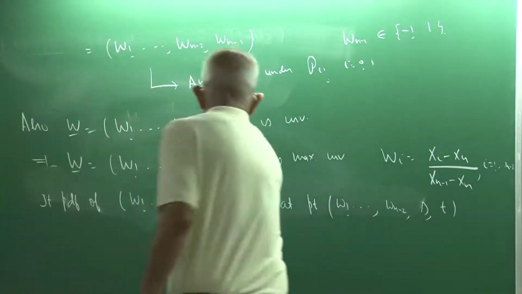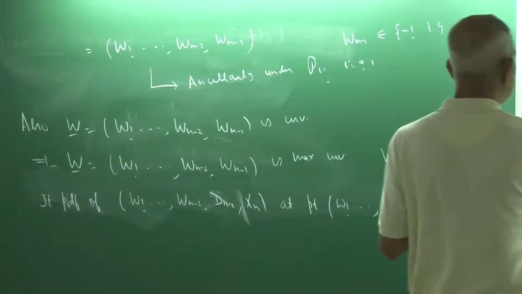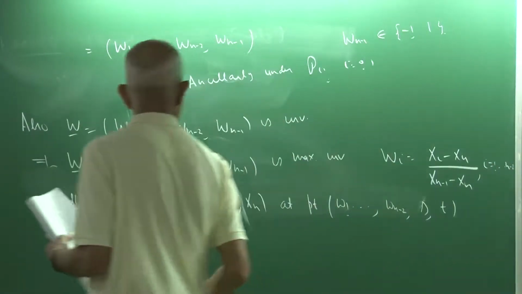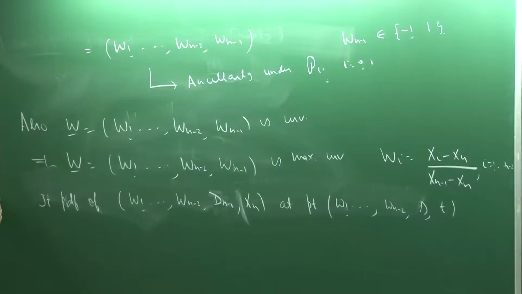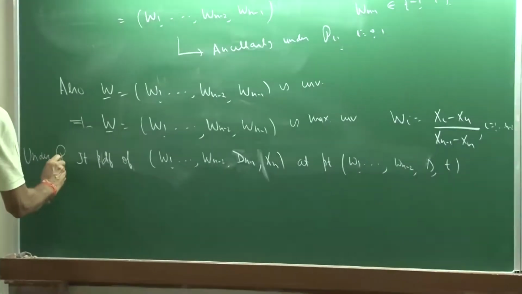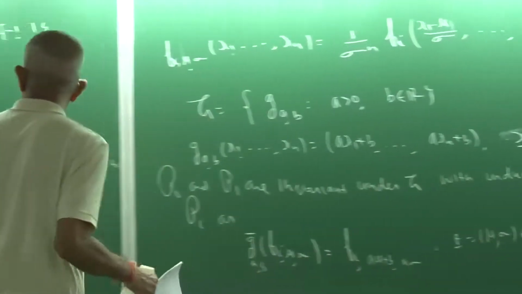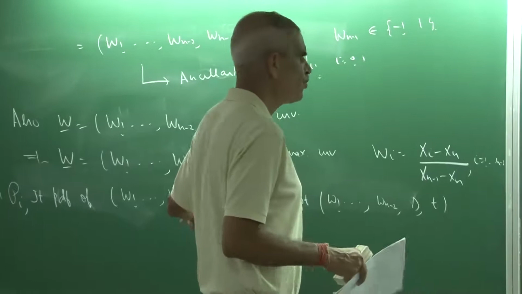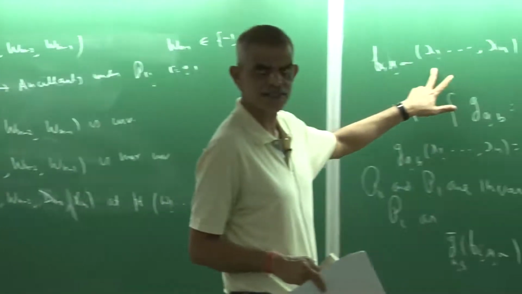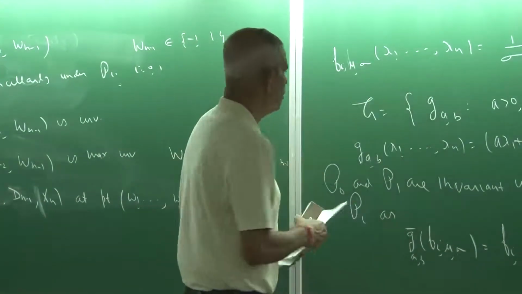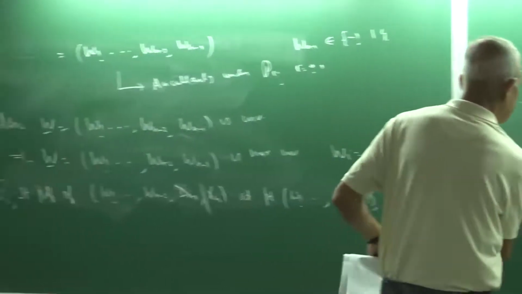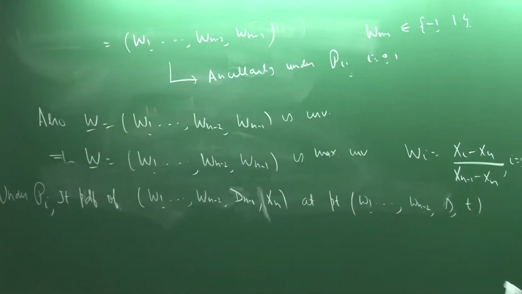So what do I have to do? In the joint PDF under Pi, the joint PDF is this, for some mu and sigma. So what transformation do I have to make? Let's try to do that.